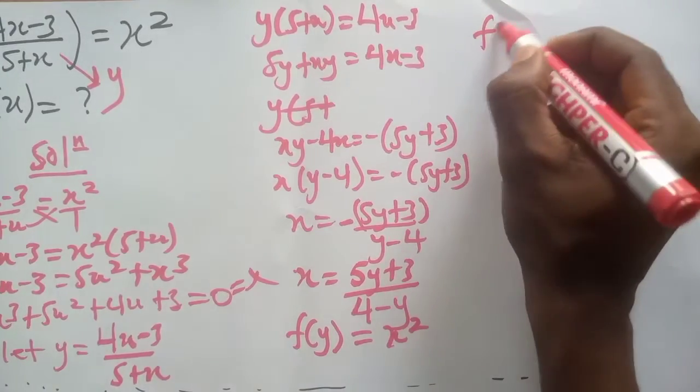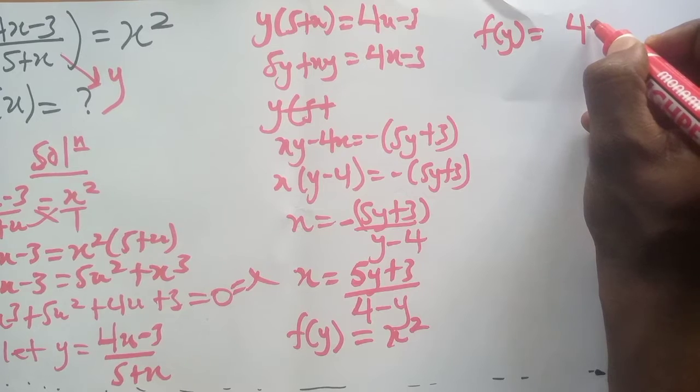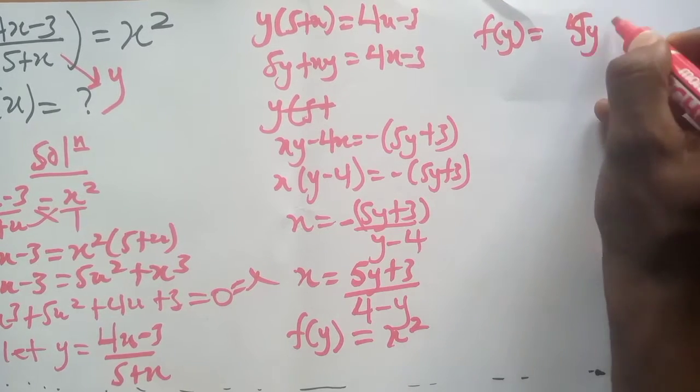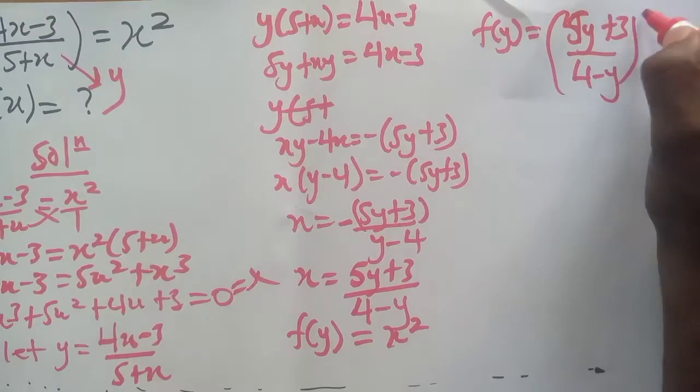So now the whole thing becomes f of y equals, remember x is just 5y plus 3 divided by 4 minus y. So what we are going to do is to square that.